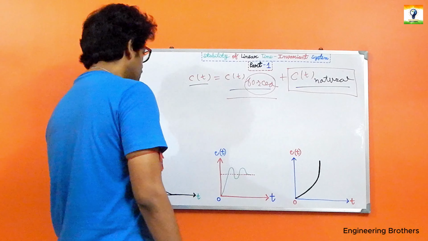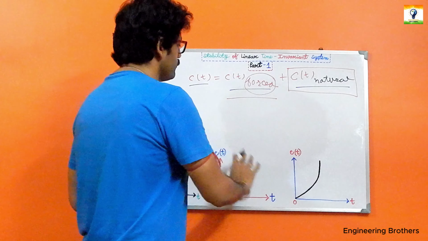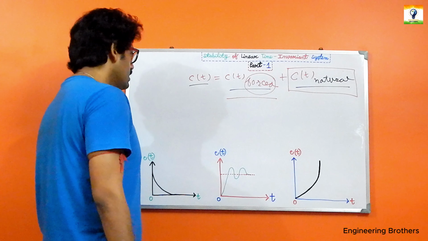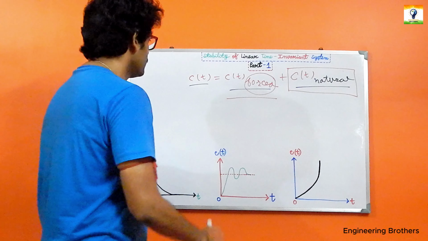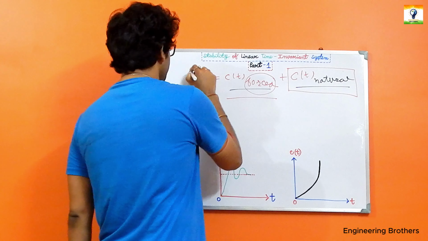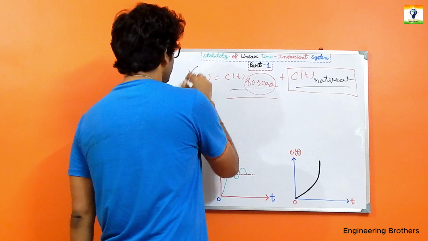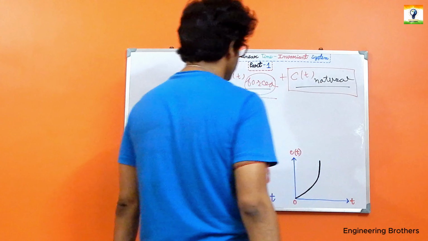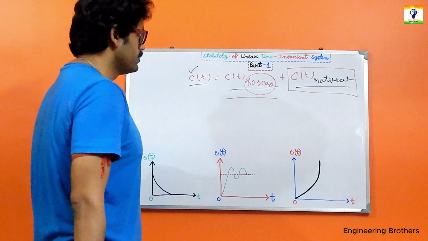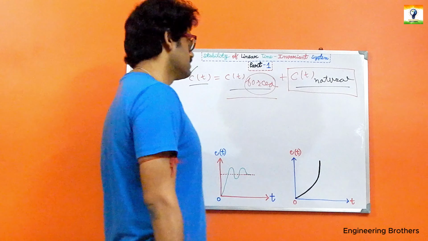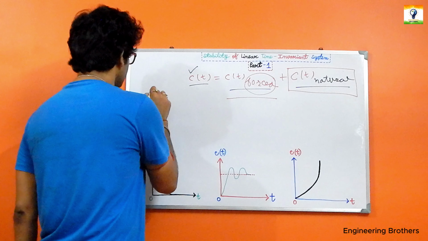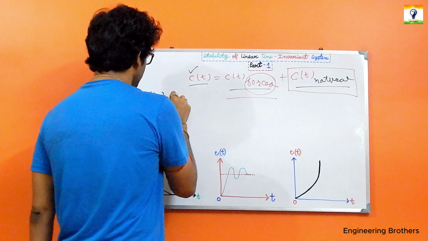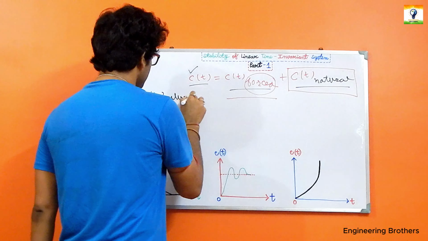Now, we have three important waveforms here. The output of our given system, c(t), the response, is directly dependent on c(t) natural.